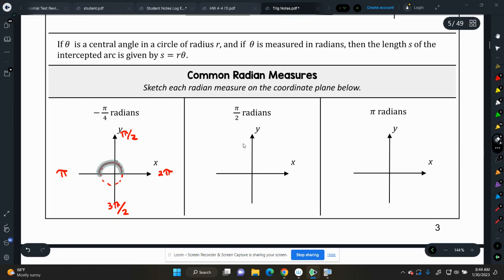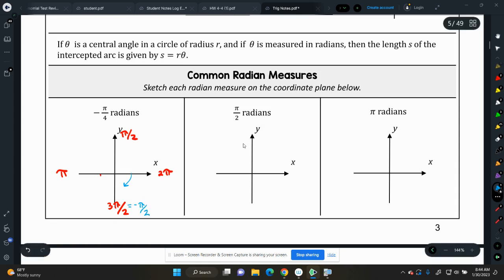So now if I want to label negative pi over 4 radians, well, first off, I'm going this direction because it's negative, right? How would I represent this 3 pi over 2 using negative radians? Would it be negative pi over 2?